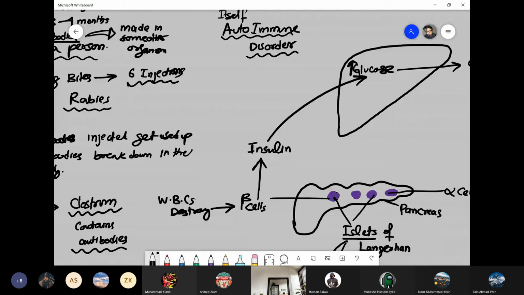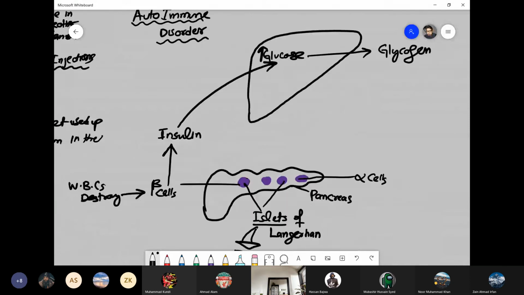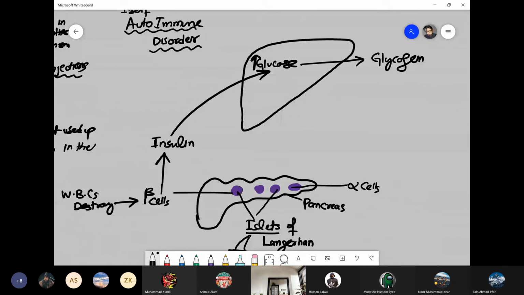And this will cause a disease which is called diabetes type 1. Now, normally you have heard about diabetes in which blood glucose level remains high.